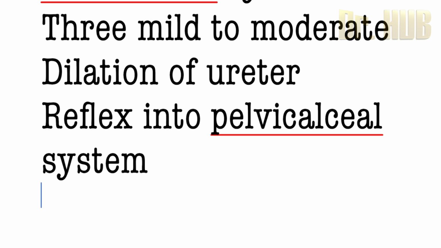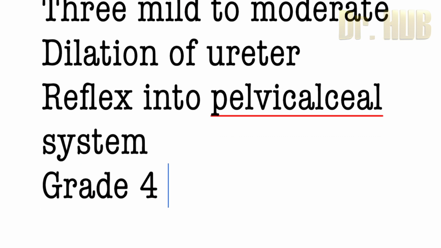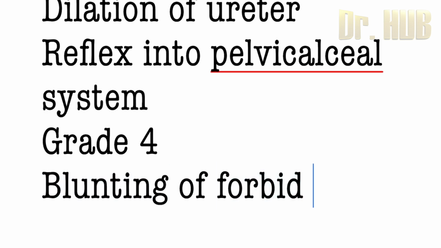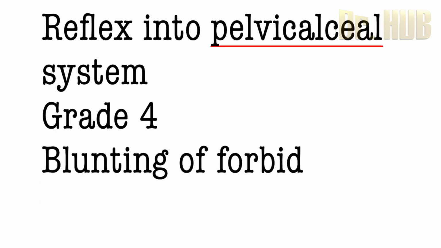So grade 1 is reflux into the non-dilated ureter, then comes reflux into the pelvicalyceal system, and mild to moderate dilation of the ureter with reflux into the pelvicalyceal system. Then comes grade 4. Grade 4 means there is blunting of the fornix, with reflux into the pelvicalyceal system.